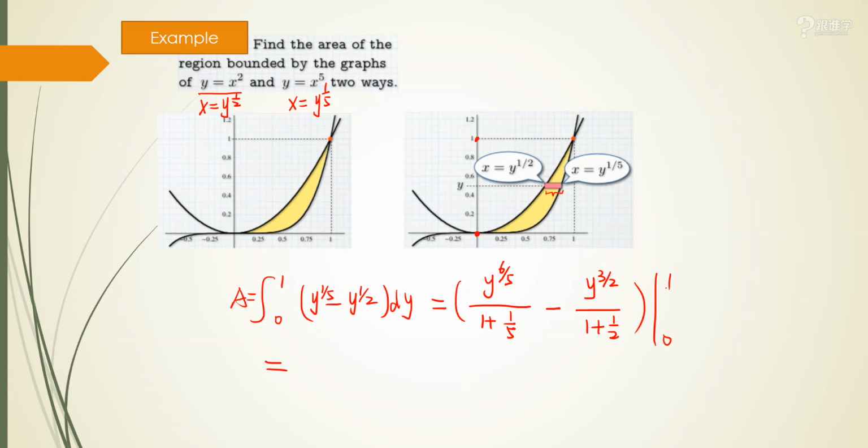Plugging in y equals 1, we have 5/6 minus 2/3. This is the value of the antiderivative at y equals 1, minus that at y equals 0, which is clearly 0, which is going to be also 1/6.